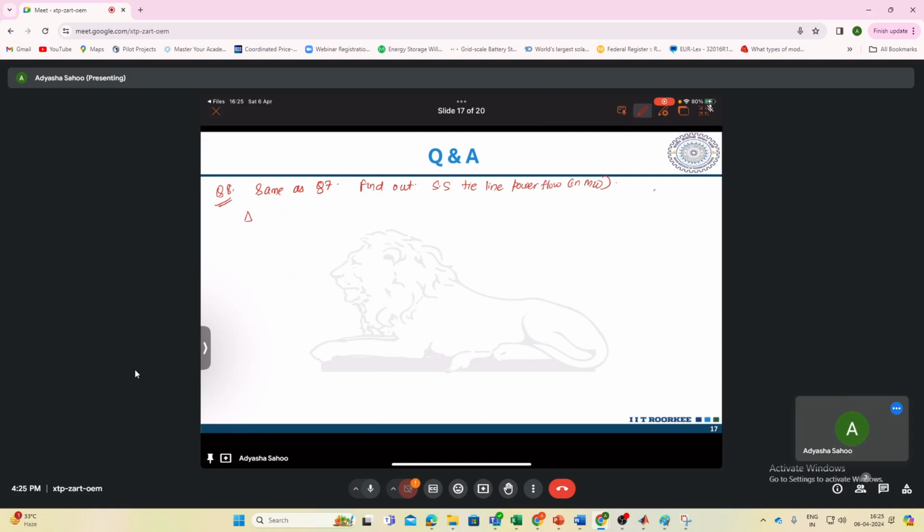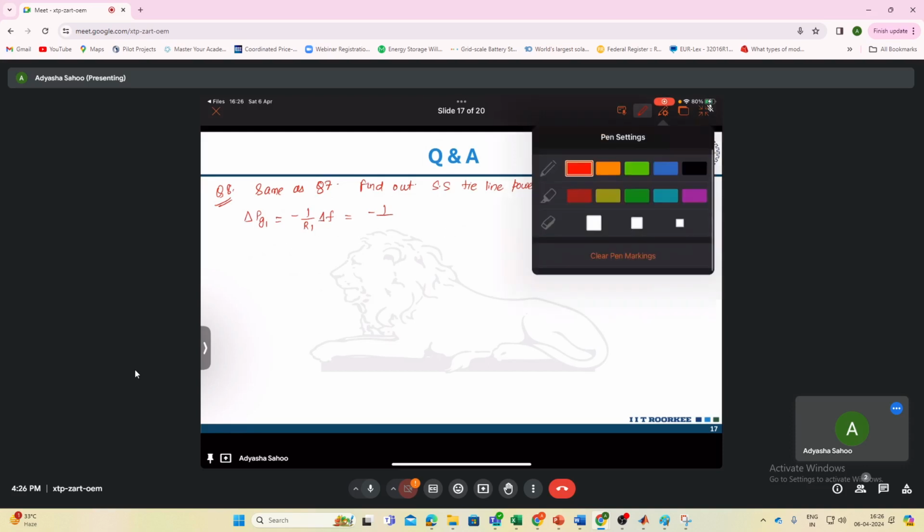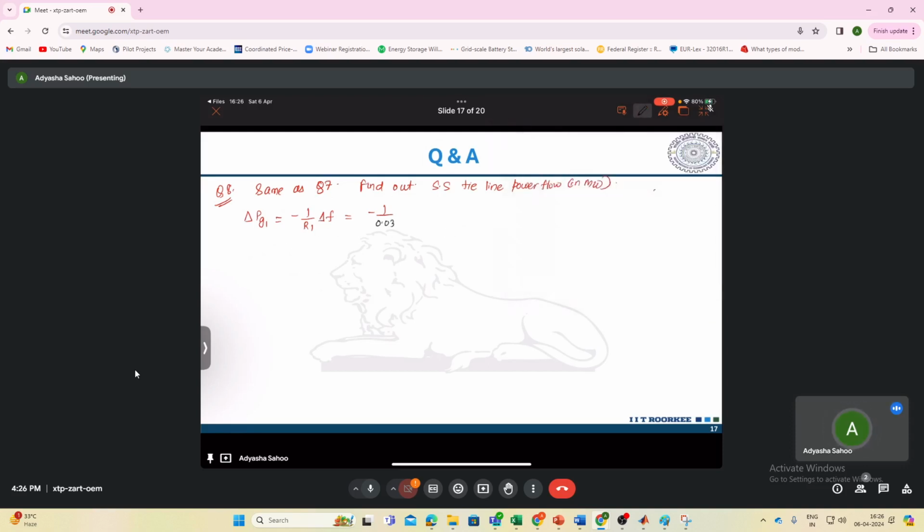So delta Pg1 is minus 1 by R1 delta F, minus 1 by 0.03, and delta F we had calculated. So this is in per unit. So that delta F also will put in per unit. 34 per unit.